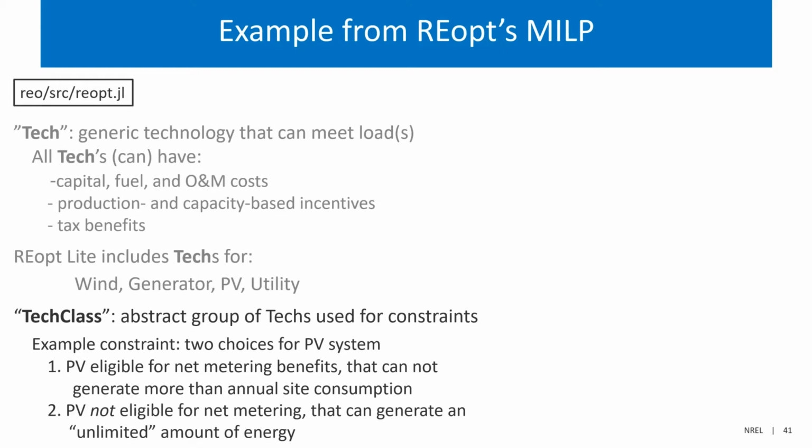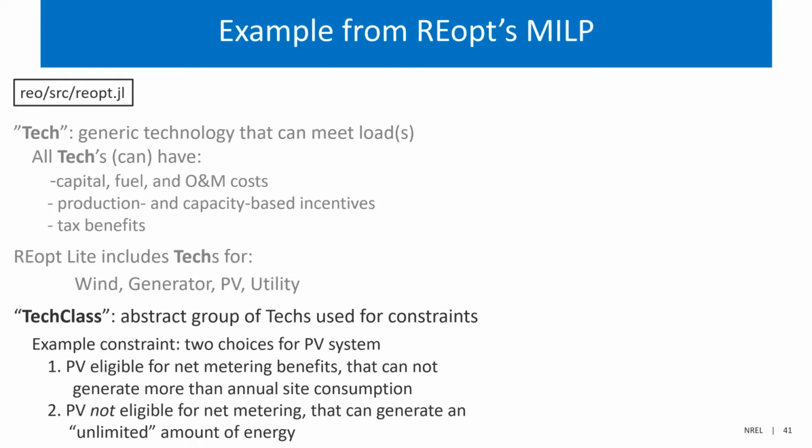This tech class is an abstract group of techs used for the constraints. So this is how the model relates to this PV and PVNM available tech that we saw as an attribute of the data manager. There's one PV that's eligible for net metering benefits, but to get those benefits, it's subject to this constraint that it cannot generate more than the annual site energy consumption. What that's saying, and this is what most utilities have in their rules, is that if you generate more energy than you consume, you're no longer a consumer, and so you'd be subject to different regulation and different costs.